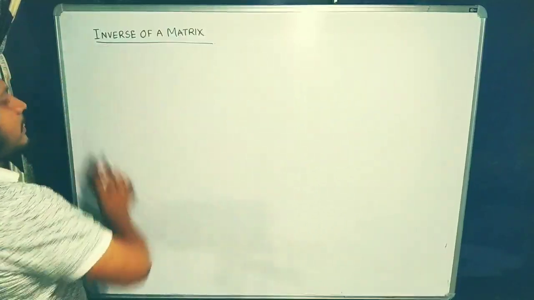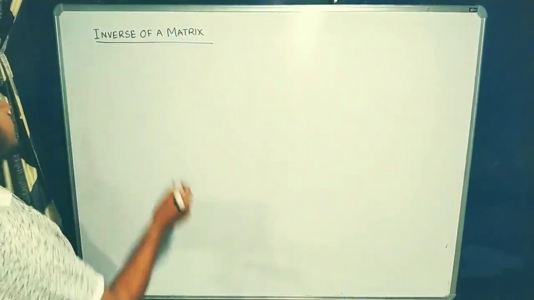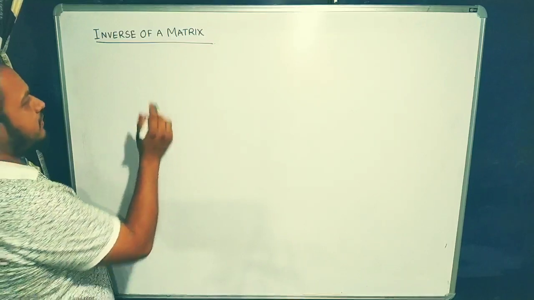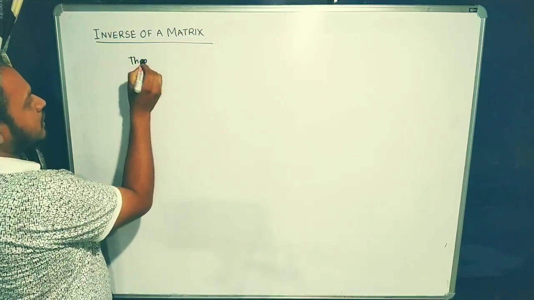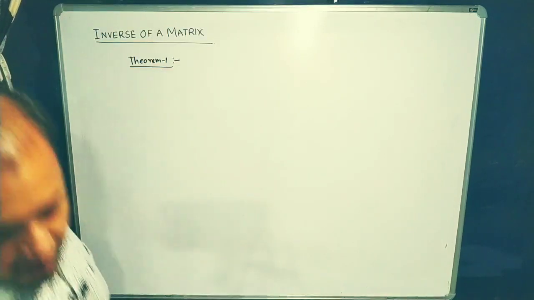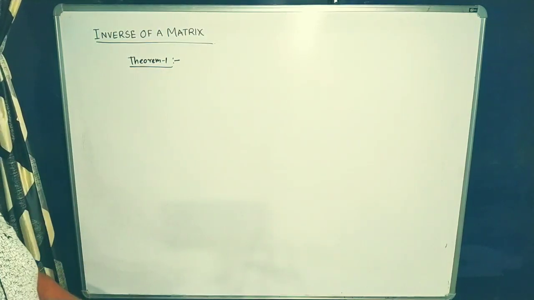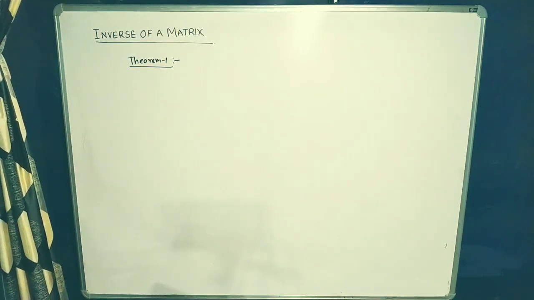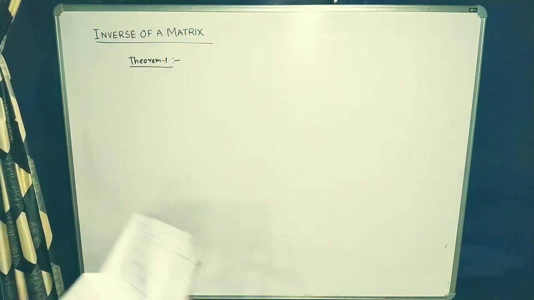Okay. Let us study two important theorems based on inverse of a matrix. We have theorem number 1 based on inverse. These are just theorems, so you are advised to keep these theorems in mind while solving problems.